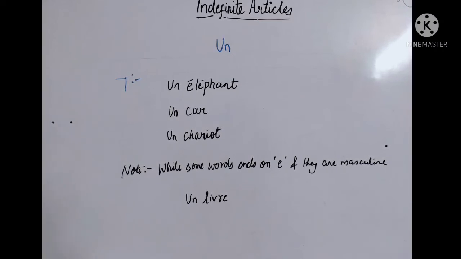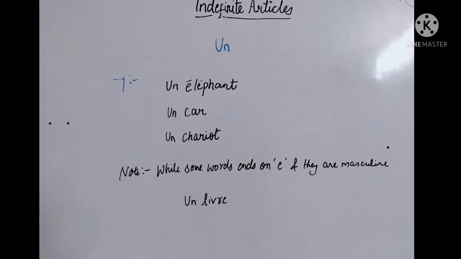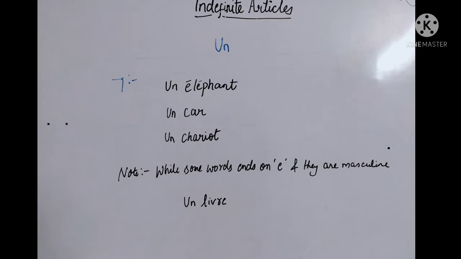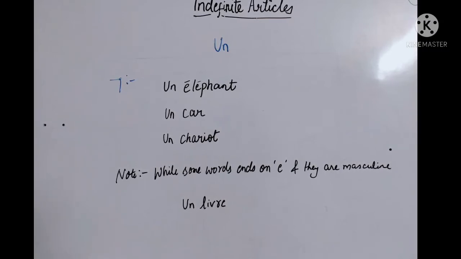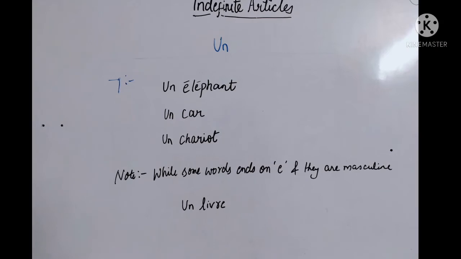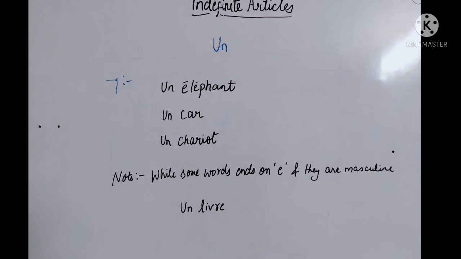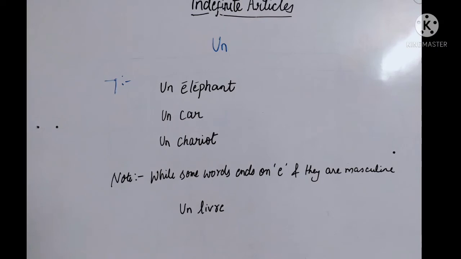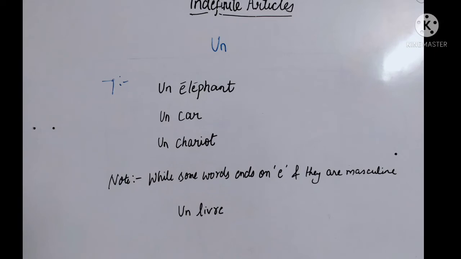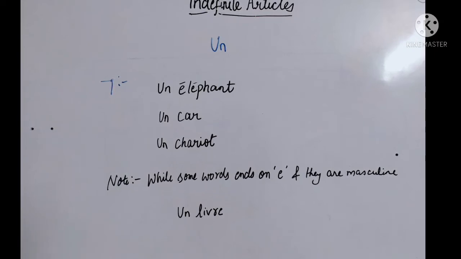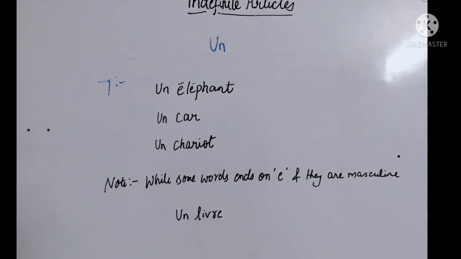Now, in the une case, we were discussing that if a word ends on e, then there are chances that the article to be used is une. But on the other hand, some words end on e, yet they are masculine. You understood the difference: there are certain words which end on e but are masculine, not feminine, and there are certain words which don't end on e and are feminine.